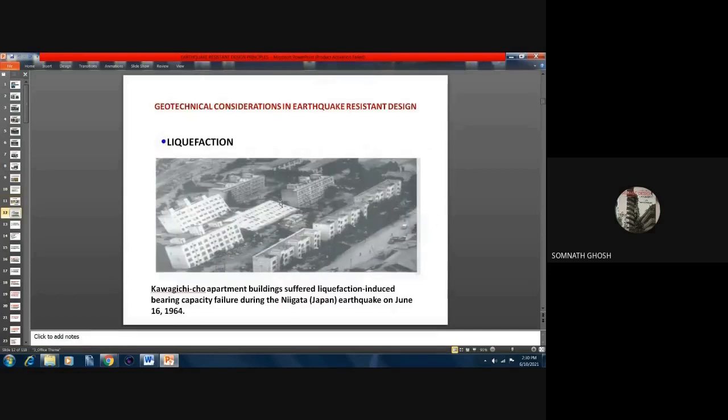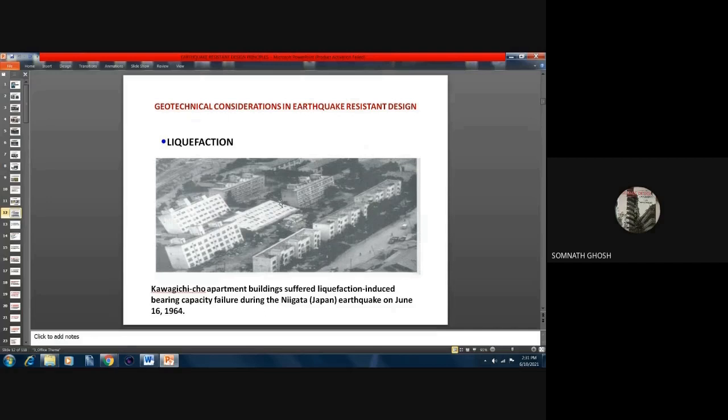Now the liquefaction. Liquefaction, you heard about it. I will discuss in detail in my future lecture regarding liquefaction. Depending on the soil property, during earthquake, the soil may lose its shear strength to a great extent, just like a fluid.